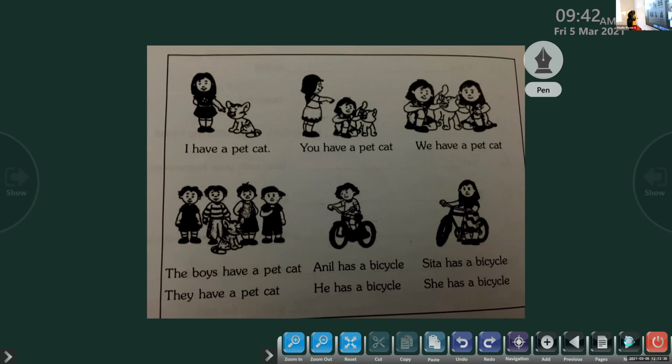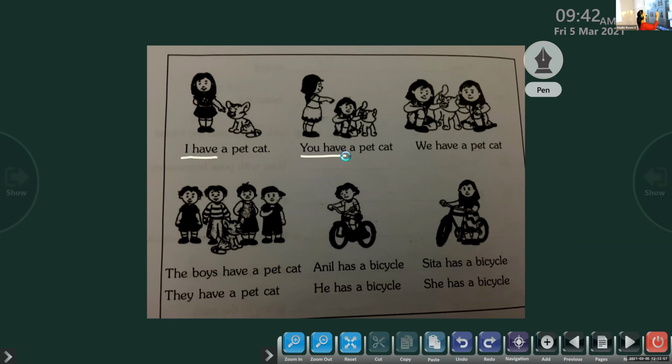Now, let's see a few examples. I. What comes with I? I have. With I always comes have. You. You also is one person, another person. With you also we will write have.